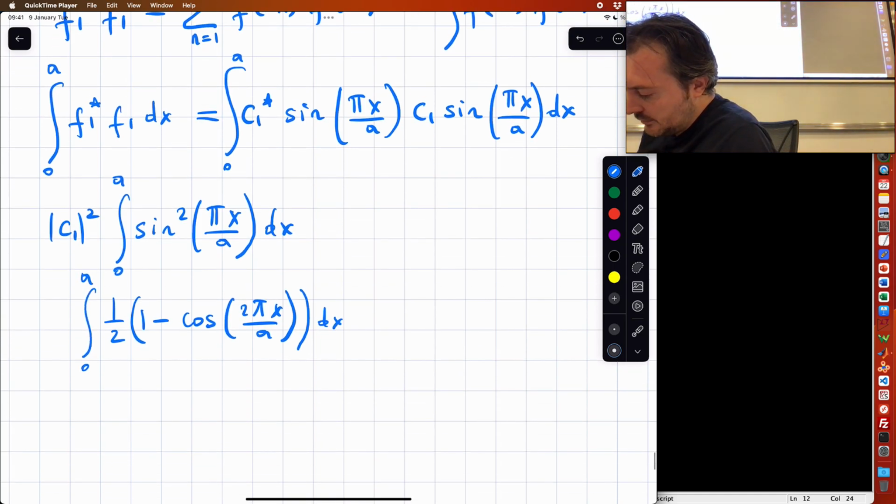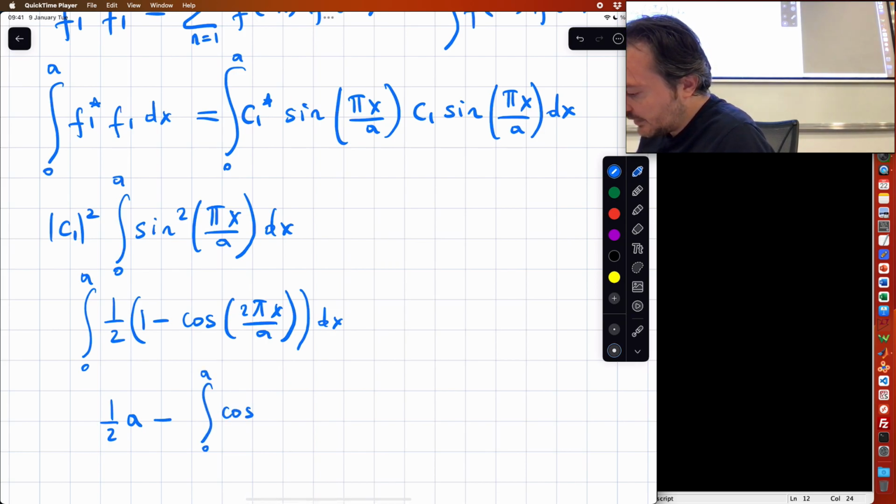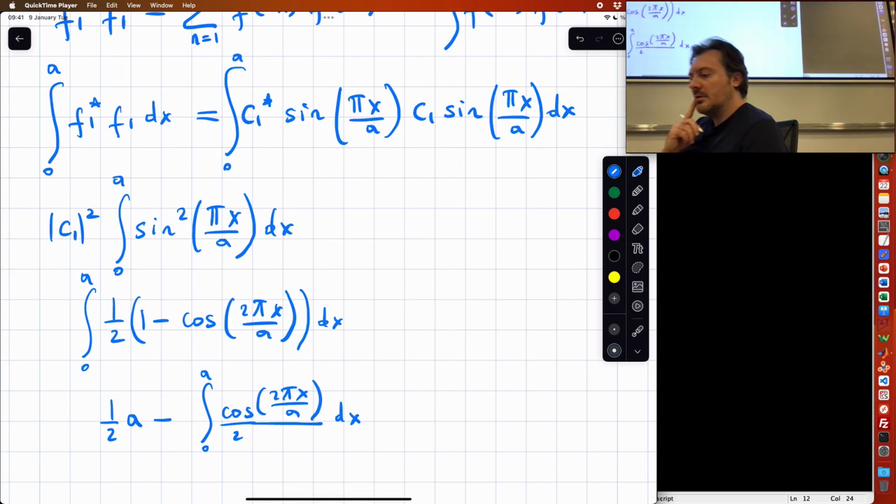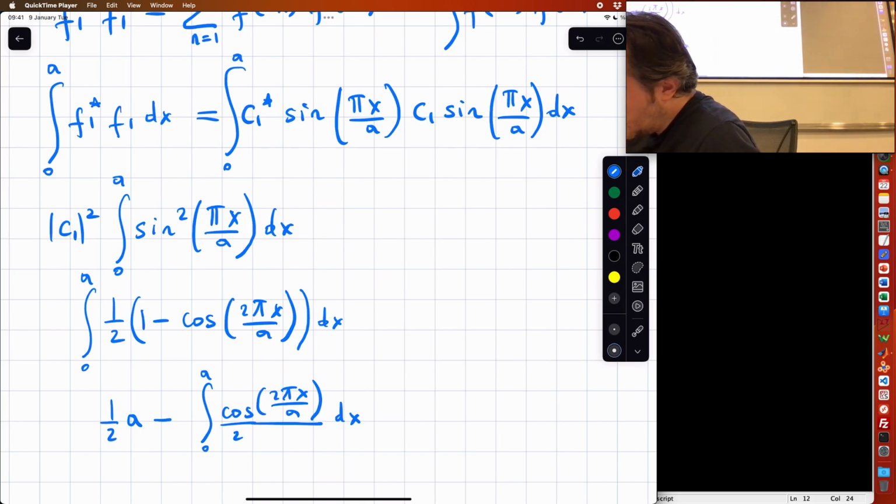Very good. So you get 1/2 times a, minus the integral from 0 to a of cosine 2 pi x over a divided by 2, and that integral is 0. So you get 1/2 a.